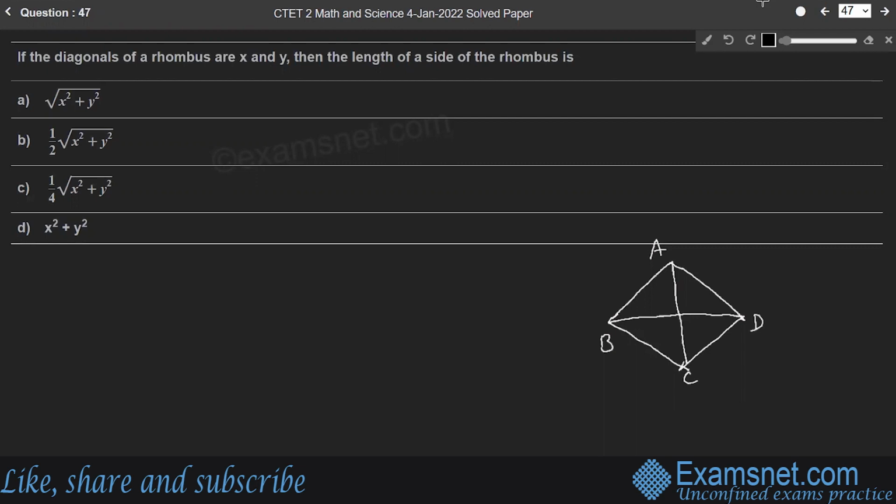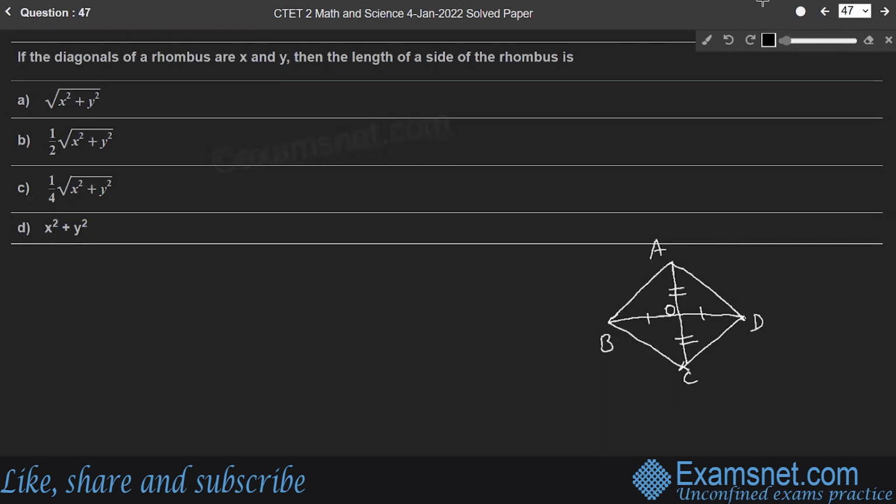The diagonals bisect each other at point O. Bisect means AC diagonal bisects the diagonal BD into two equal halves, whereas BD diagonal bisects the diagonal AC into two equal halves. Here AO is equal to OC, BO is equal to OD, right?